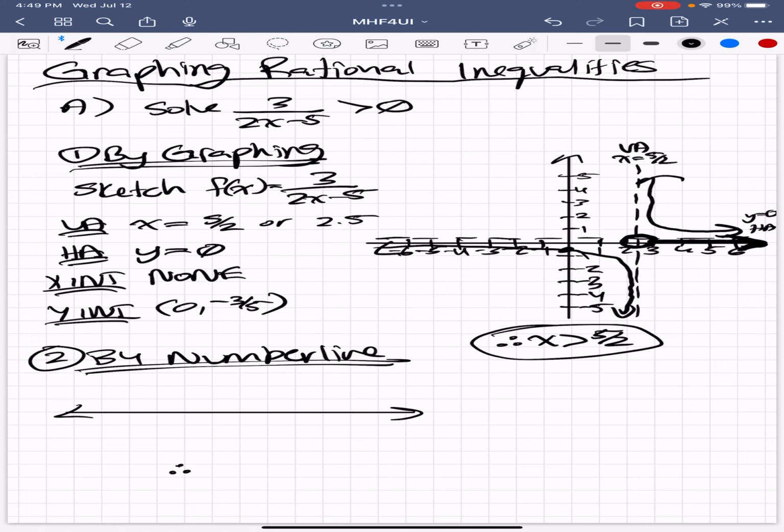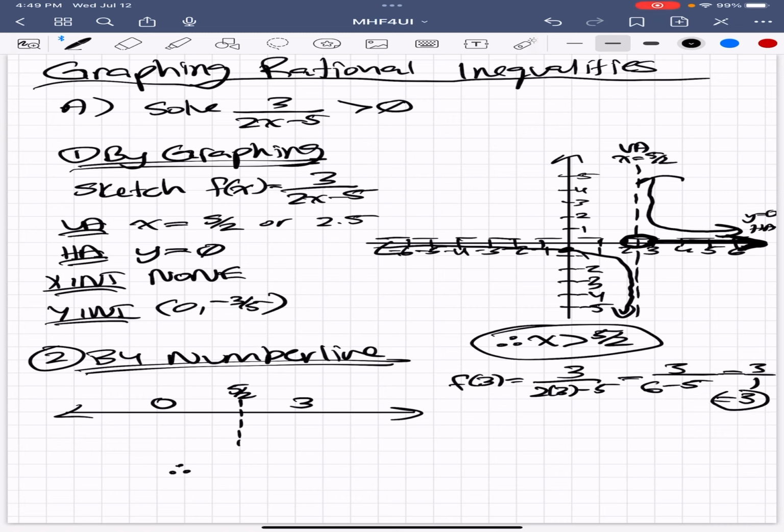And now we're ready to solve by number line. We're going to indicate whether our answer is positive or negative.